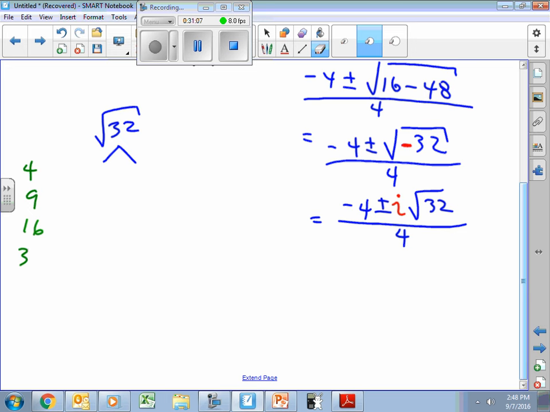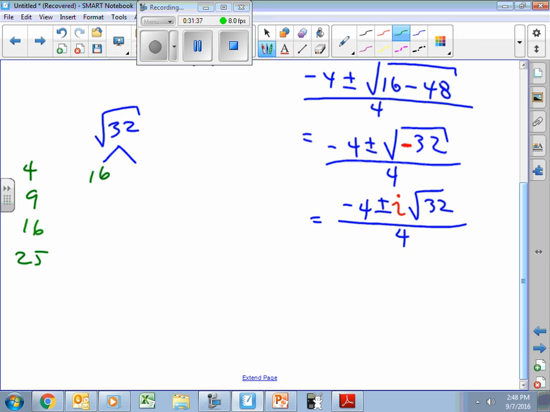Usually one of these is going to divide evenly into 32. Now, here's the rule. 4 will usually go into one of the even numbers, but you always check on this short list of 4. You check to see if that 16 will go into 32. You might get lucky. And in this case, you actually do get lucky. 16 can go into 32.